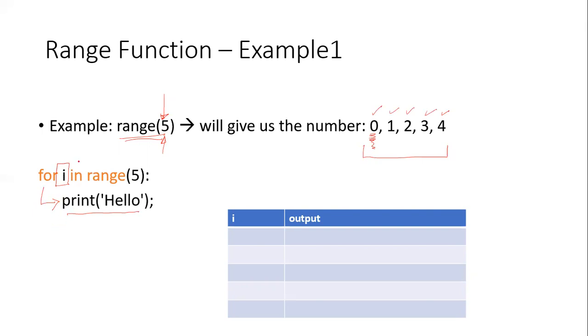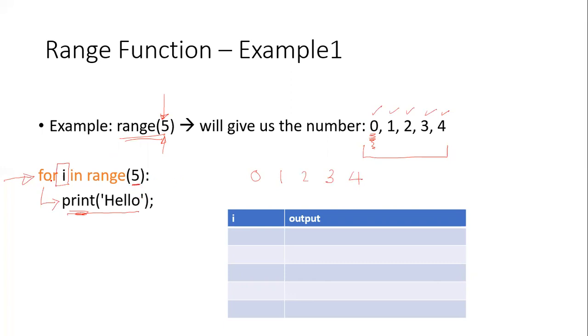Now, how does that actually work? Let's look at a trace table to better understand. I've got I, which is my counter variable, and output is going to come from the print statement. So when we start the loop, I starts at the first value. Keep in mind that range is giving us 0, 1, 2, 3, 4, one less than the value inside of the bracket.